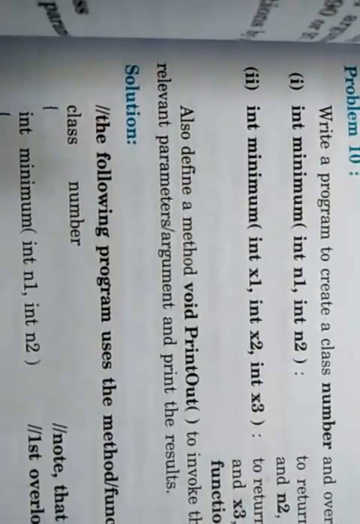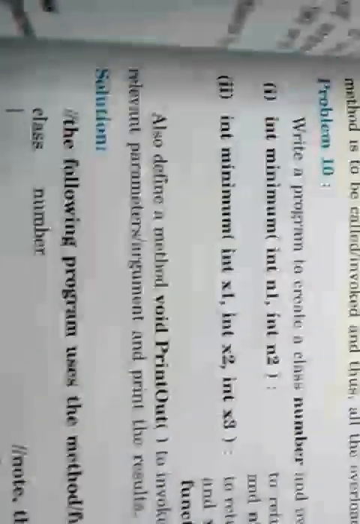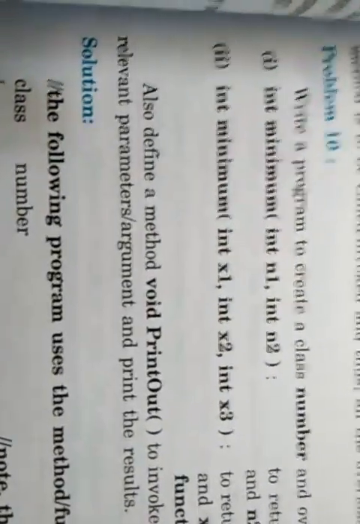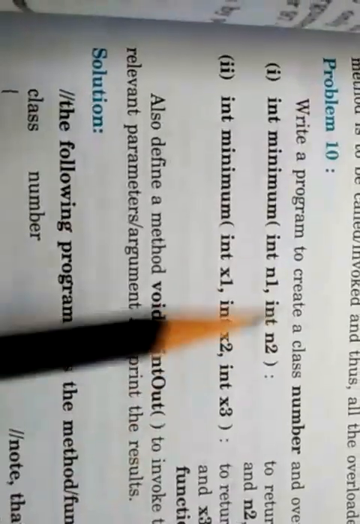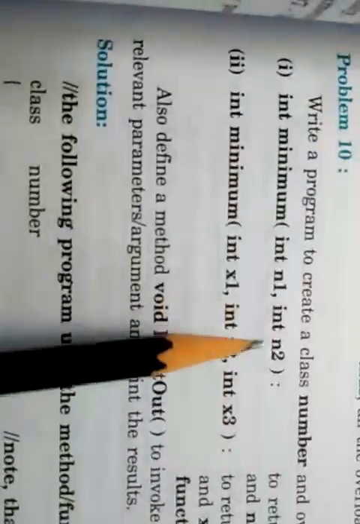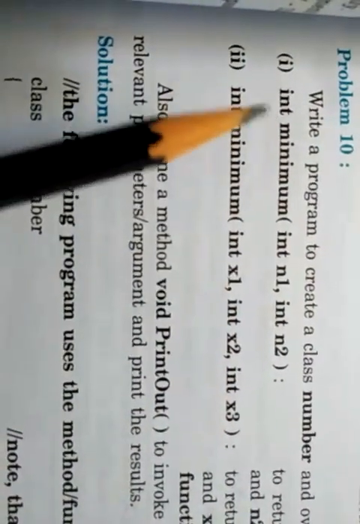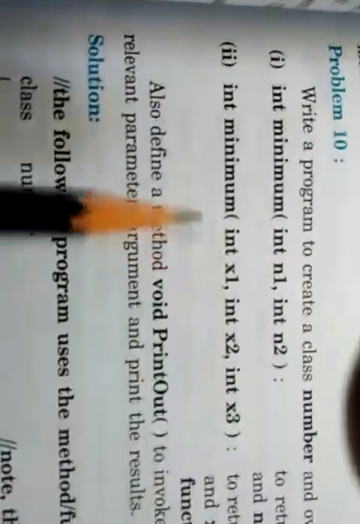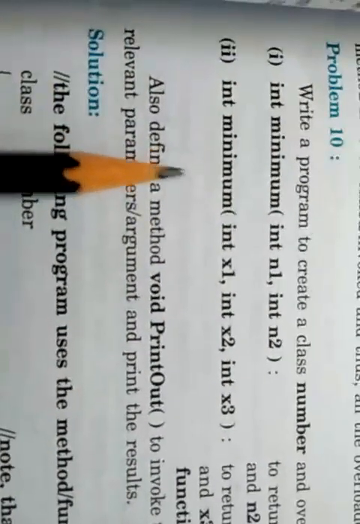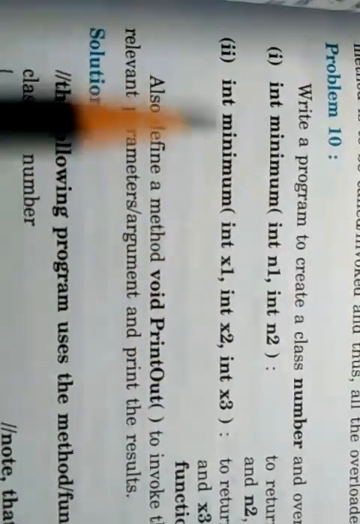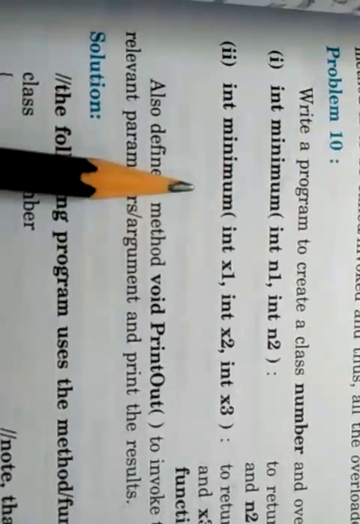Let's take one more example. Here in this program we have to overload a function minimum. The first function has two integer parameters n1 and n2, and this function returns an integer value. In the second function the name of the function is also minimum, and there are three parameters, all of integer type.